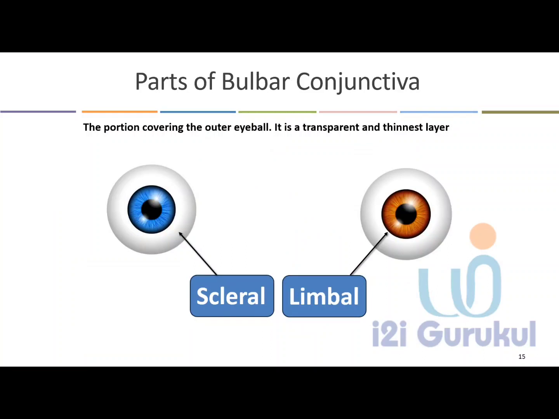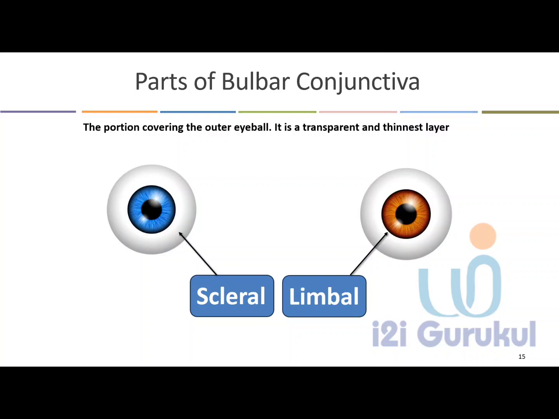The portion covering the outer eyeball, that is scleral, and the transparent layer on the globe, that is the bulbar conjunctiva, as earlier said. The scleral extends from the conjunctival fornix to the limbus. It is thin, transparent and loosely attached to the underlying sclera, and it is separated from the sclera by episcleral vessels and Tenon's capsule.